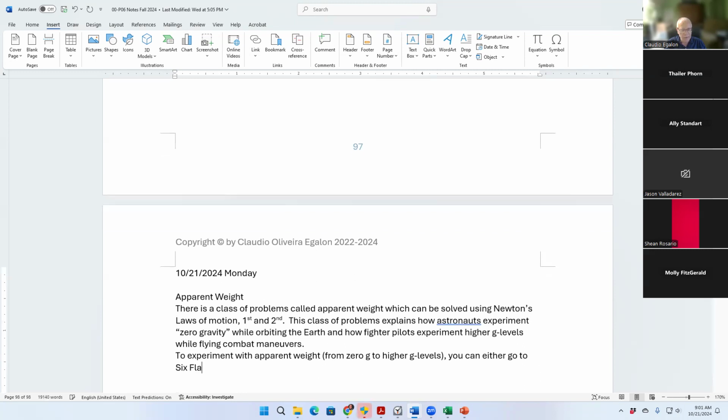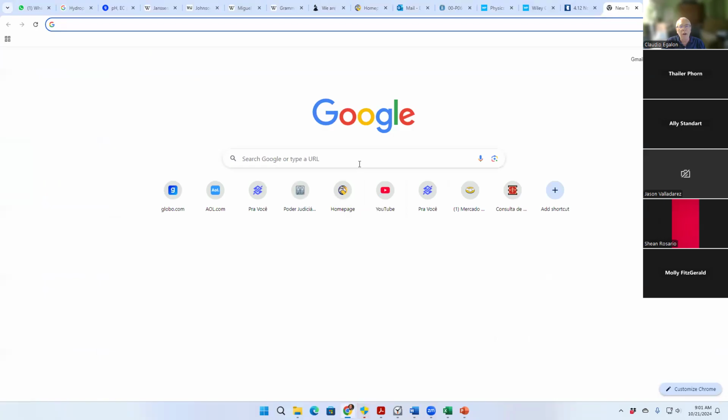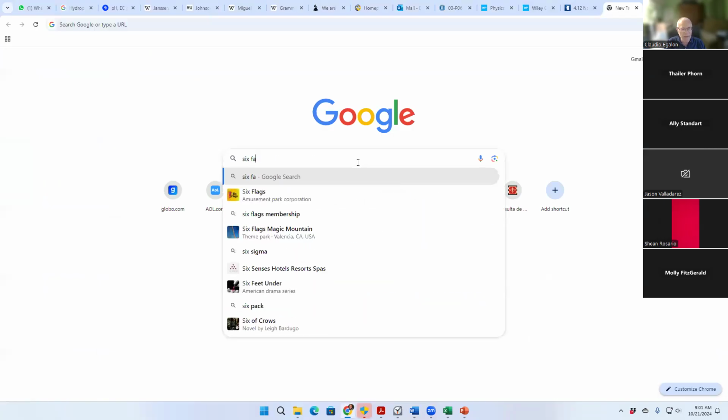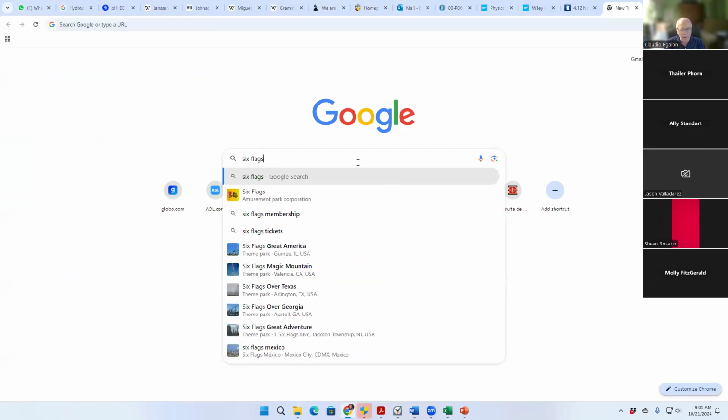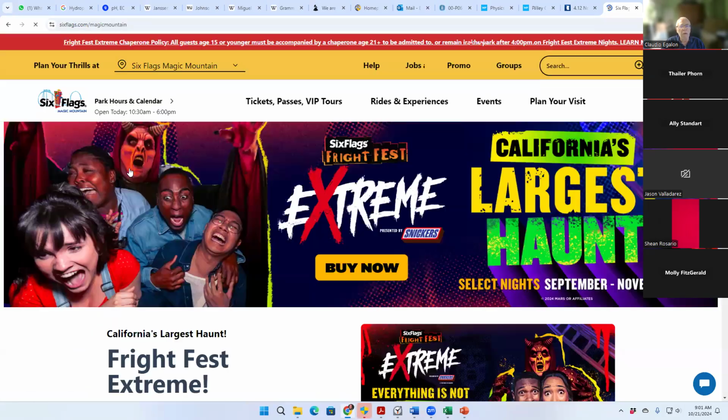Six Flags. Are they still in business? I was there several years ago with my students from Santa Monica College. Let's see, Six Flags. Most likely they are still in business. Here you go. Headquarters in Arlington, right? Six Flags Magic Mountain in California. Must be this one here.